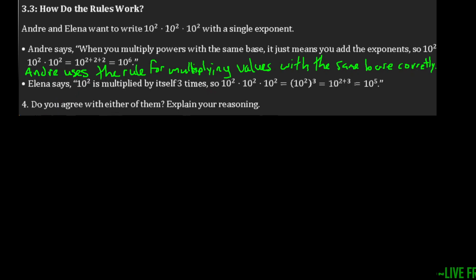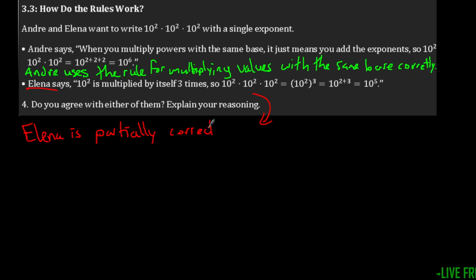For Elena, we can say Elena is partially correct because 10 squared times 10 squared times 10 squared is equal to 10 squared to the third power. But the main issue is she did not use that rule correctly.